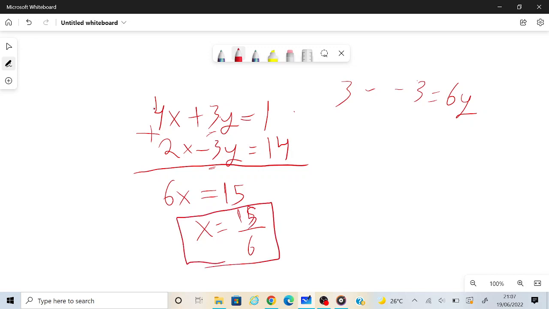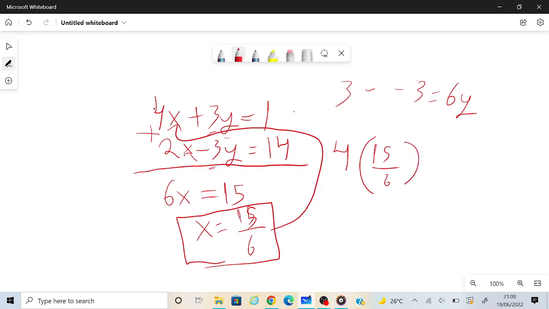Now that you have your x, we need to find y. To find y, all you do is simply substitute this value of x back into either equation. Let's take the first equation. 4 into 15 over 6 plus 3y gives 1.